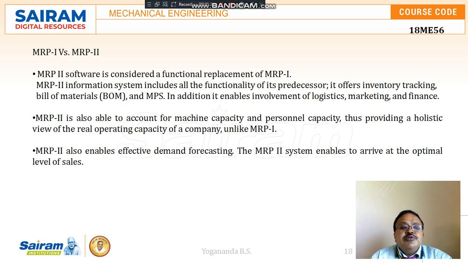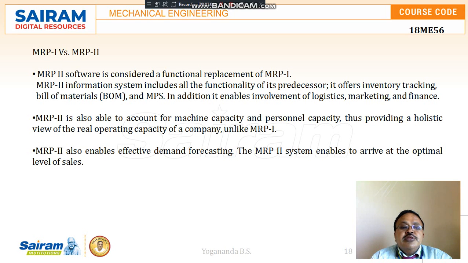MRP1 versus MRP2. MRP2 software is considered the functional replacement of MRP1. The predecessor is MRP1, and MRP2 is the successor of MRP1. It is offering inventory tracking, that is, what materials are available in hand after a particular production batch is completed, and what additional materials are needed, the bill of materials and the master production schedule.